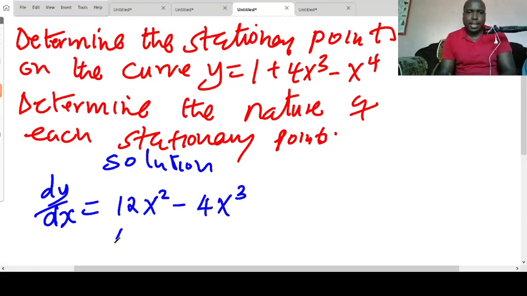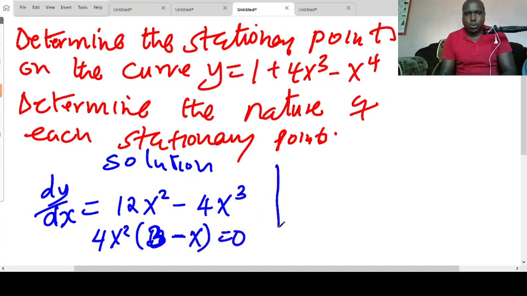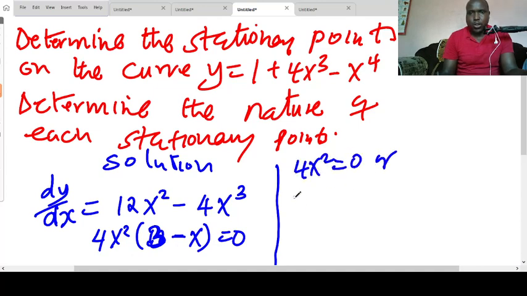So 12x squared minus 4x cubed becomes 4x squared into 3 minus x, equal to 0. That's very nice. So 4x squared is equal to 0, or 3 minus x is equal to 0.